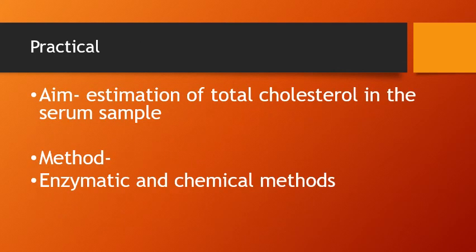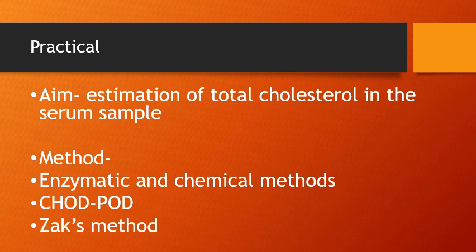So let's move to the practical part. Our aim here is estimation of total cholesterol in the given serum sample. For estimation of total cholesterol, we have two methods available: the enzymatic method and the chemical method. The enzymatic method most commonly used is CHOD-POD, the cholesterol oxidase peroxidase method, and the chemical method is the Zak's method.